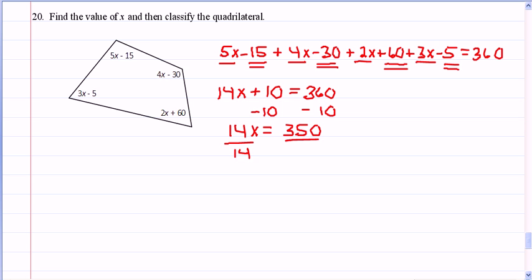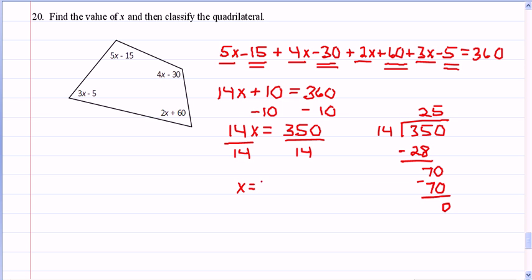I divide both sides by 14, and if I take 14, divide it into 350, (14 times 5 is 70), so x is equal to 25.